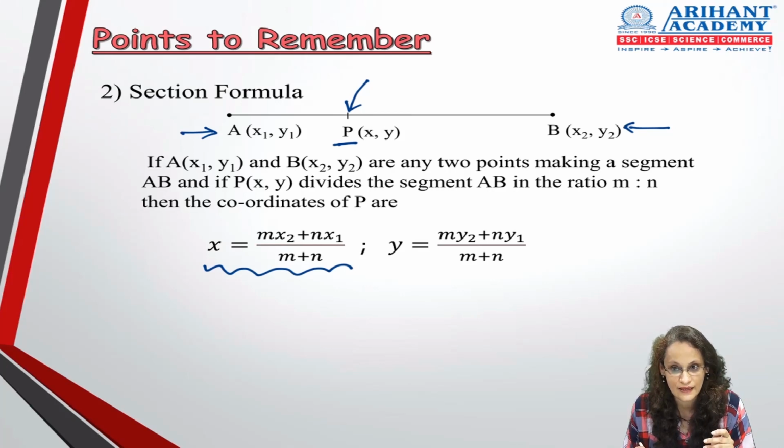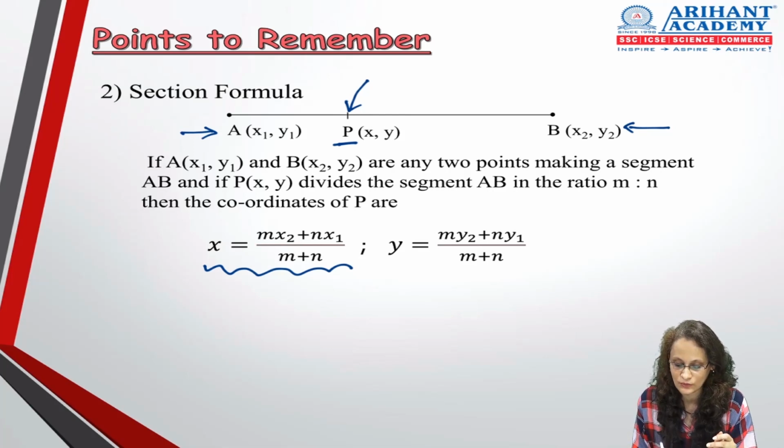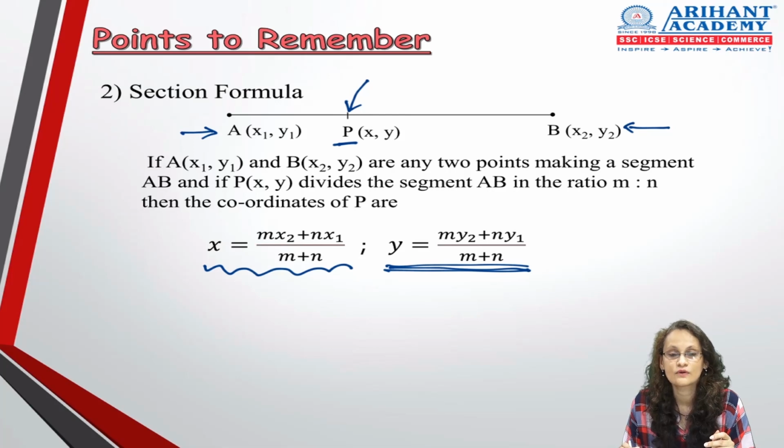I repeat again, x is equal to mx2 plus nx1 upon m plus n. And after the semicolon, you can see the y formula. Y is equal to my2 plus ny1 upon m plus n. I repeat again, y is equal to my2 plus ny1 upon m plus n.